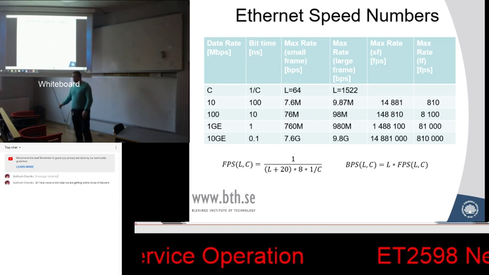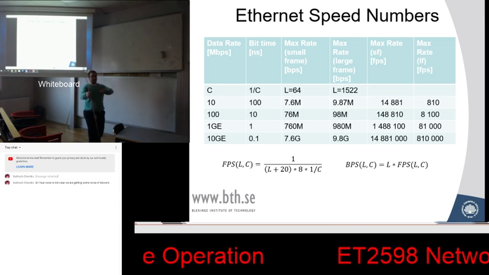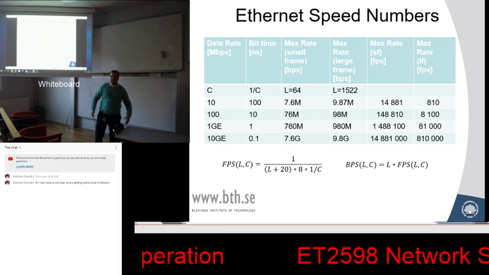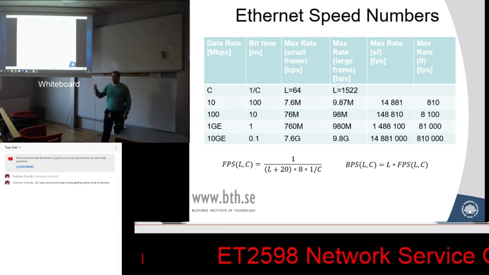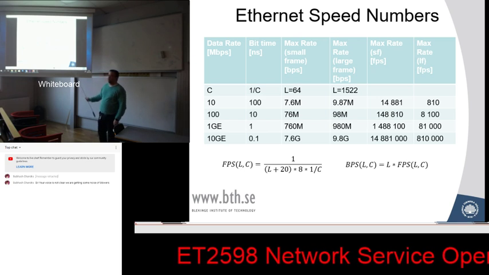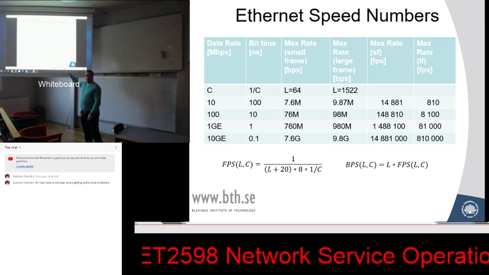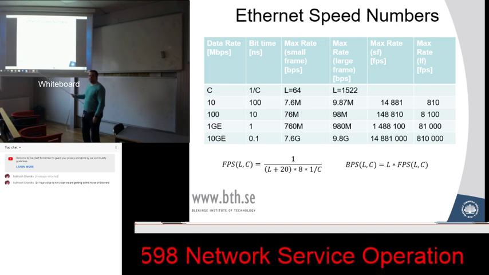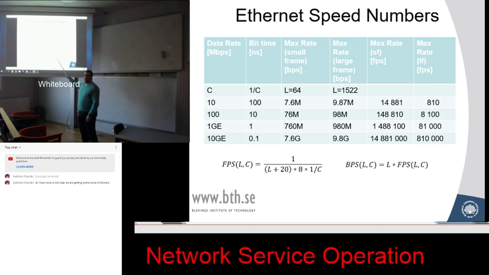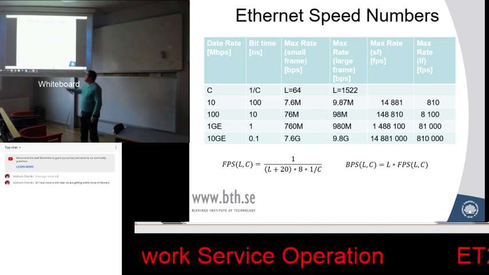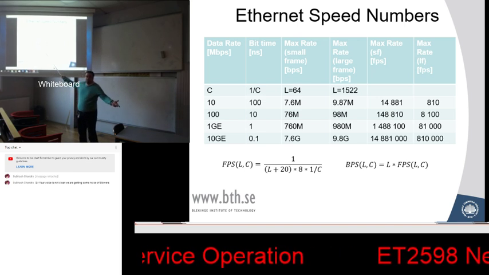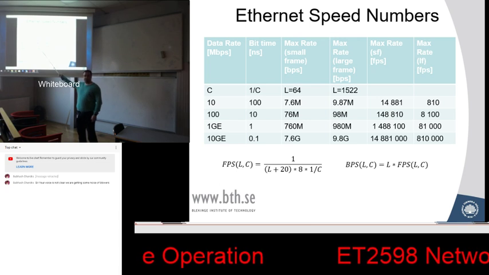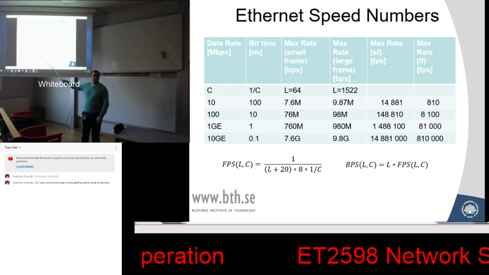So, for instance, if a student says, well, we set up this network, it's a gigabit, and we pushed 1.4 gigabits per second, I say not possible, right? If they say they did 995, not possible. If they say they did something different than this, let's say 666, okay, move on.